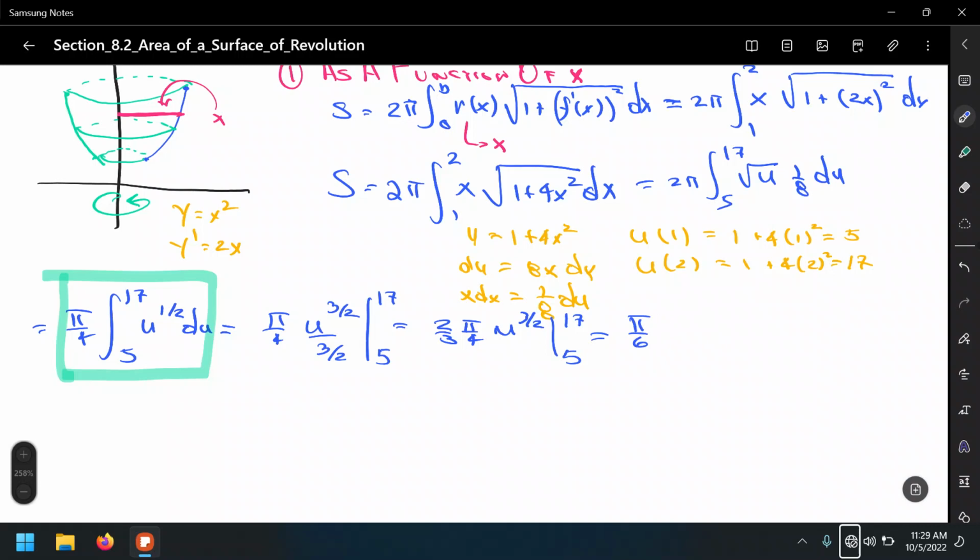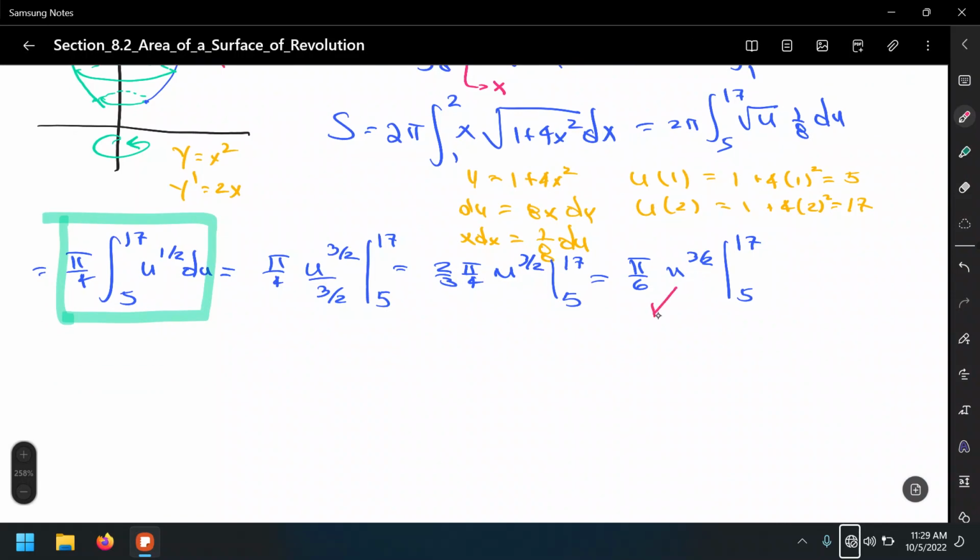So let me still do the u to the 3/2 from 5 to 17. Okay. Here is where we will have to take into consideration the different versions of the rational exponent. So this means the square root of u cubed, or this also means the square root of u, the whole thing cubed. Okay, we used the second version in the previous exercise, but in this case that's because we were able to compute the square root of a number because it was a nice number.